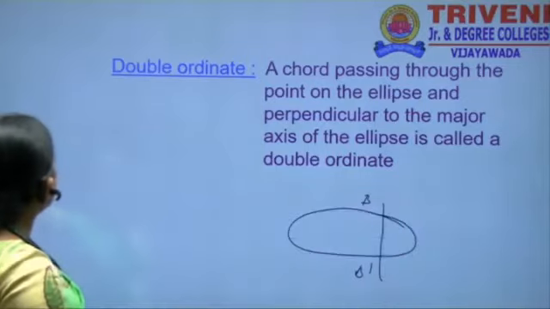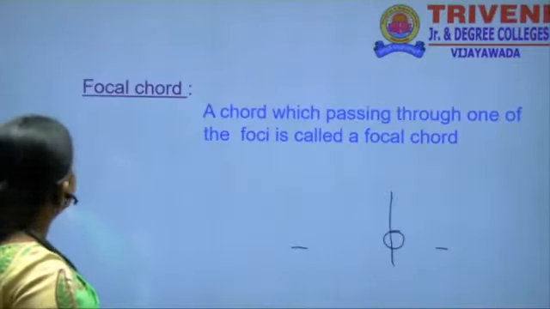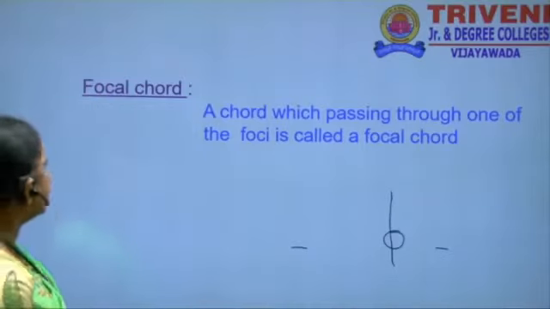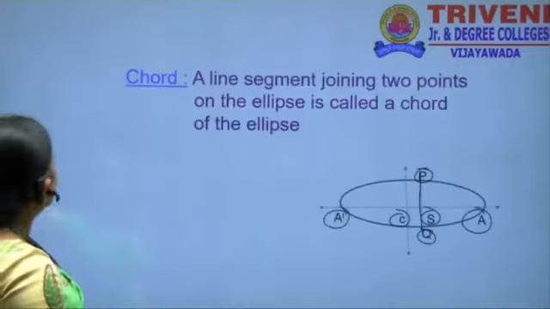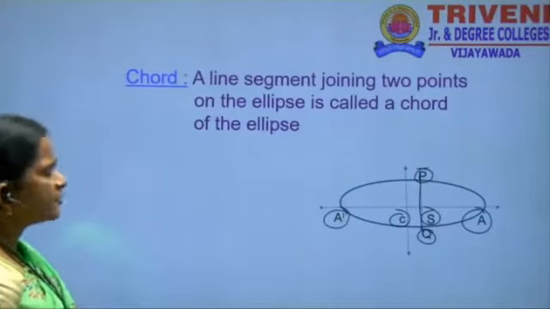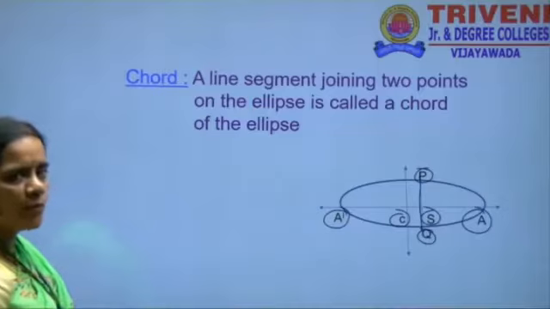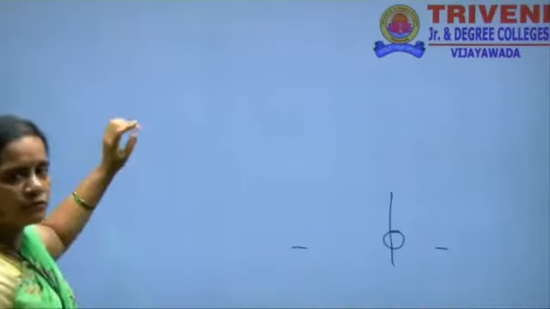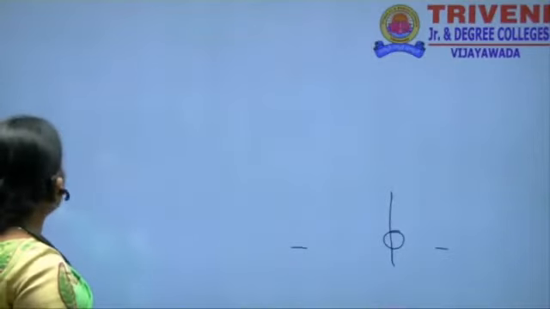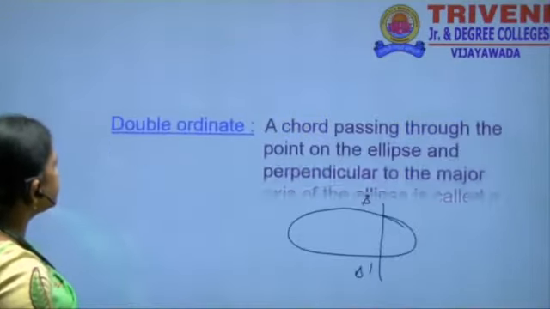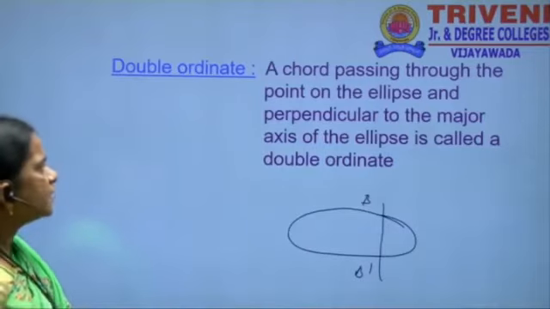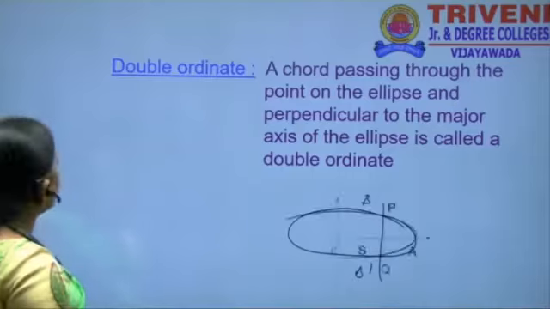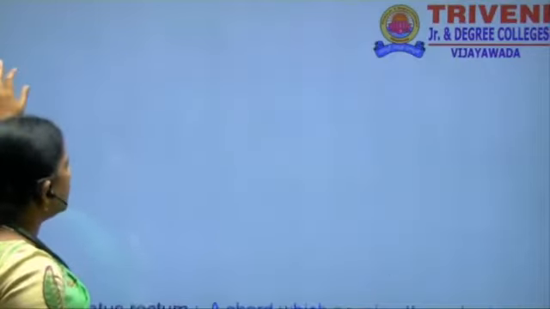The definition of a chord is a line segment joining any 2 points. A focal chord passes through one focus, and a double ordinate is a chord passing through a point on the ellipse and perpendicular to the major axis of the ellipse.